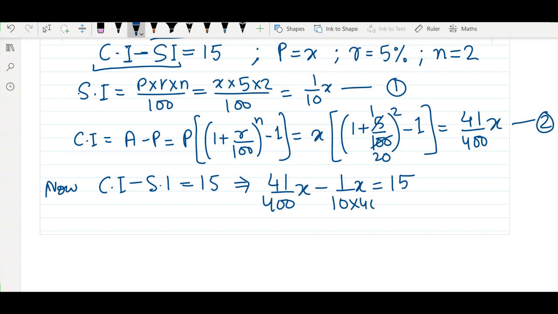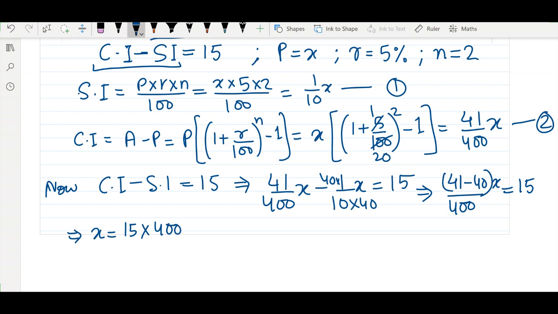So we need to multiply and divide by 40. So denominator is 400 in left hand side. So we got it as 41 minus 40 X over 400 is equal to 15. So from here we can calculate X is going to be 15 into 400, that is 6000, not 60,000.